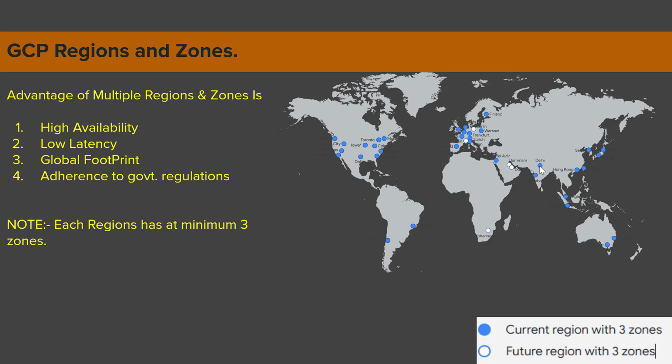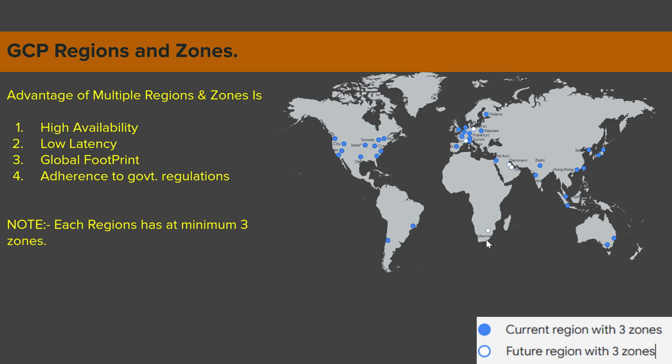So this will have 3 data centers. Mumbai region also has 3 data centers, but the dots with white color are future regions. They are constantly adding more data centers and expanding their network in the world to serve better content.